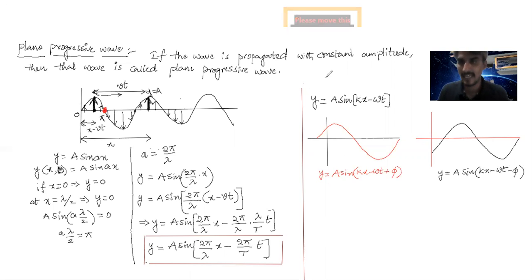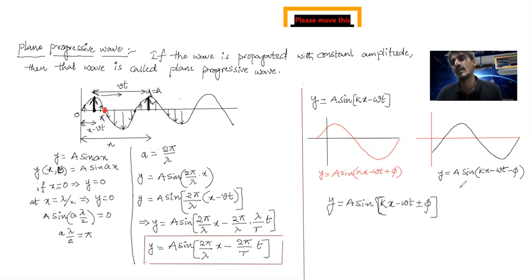So how do we write that equation again? In general, we can write that equation as y is equal to a sine kx minus omega t plus or minus phi. If phi is 0, then it means that wave is started from the origin.